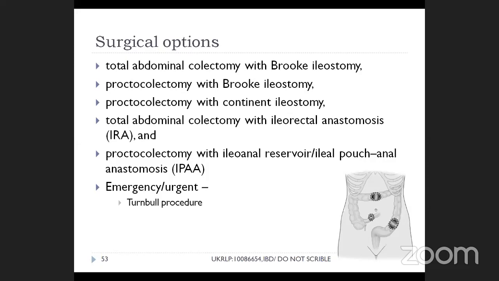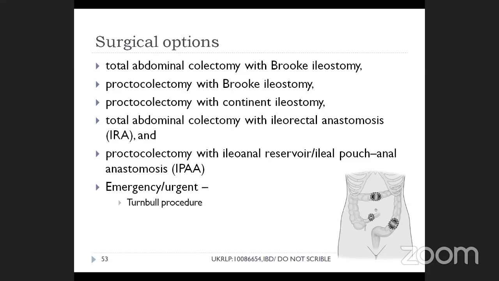The next option is proctocolectomy with continent ileostomy. I'll be saying about this continent ileostomy in the next few slides. And total abdominal colectomy with ileorectal anastomosis. In this, again, the patient has to comply with continuous surveillance of the rectum because there is a chance of ulcerative colitis flaring up in the rectum, since the rectum is not removed.